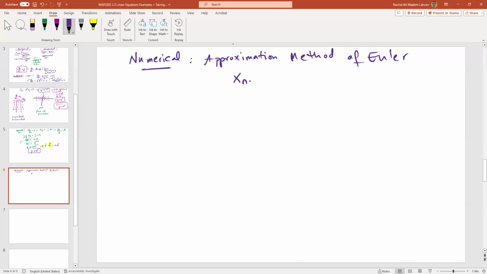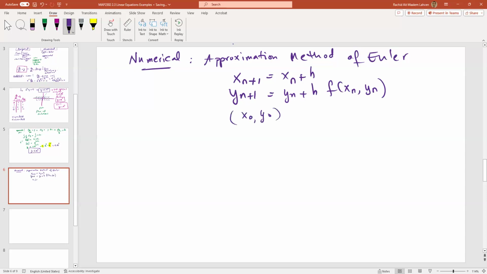So this uses these polygons, you start with some initial condition, right? And use the curve at the points to draw the lines and to keep going toward the solution.